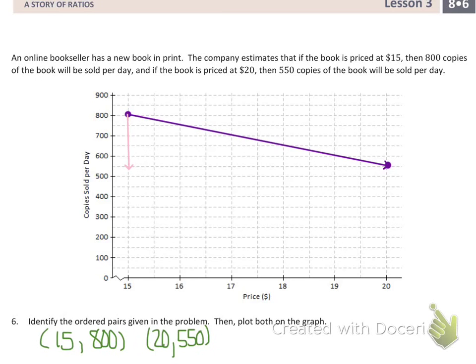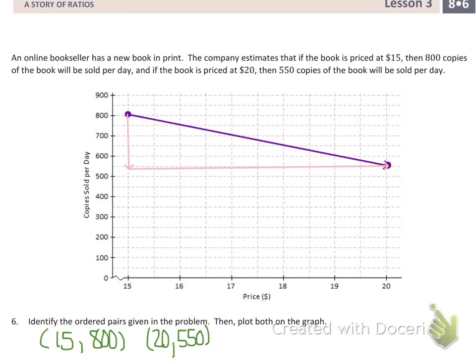And then the increase in price is from here to here. So that's our slope triangle, roughly there. Okay, so the change in, so we had a $5 increase in price, and what was the decrease?